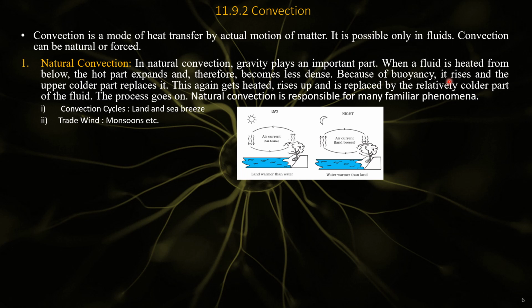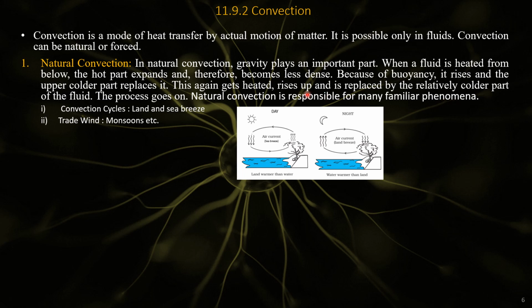The hot fluid flows up and the upper cold part replaces it. That means the cold part goes down and the hot part goes up. This again gets heated and rises up and is replaced by the relatively cold part. This process goes on. Natural convection is responsible for many phenomena.